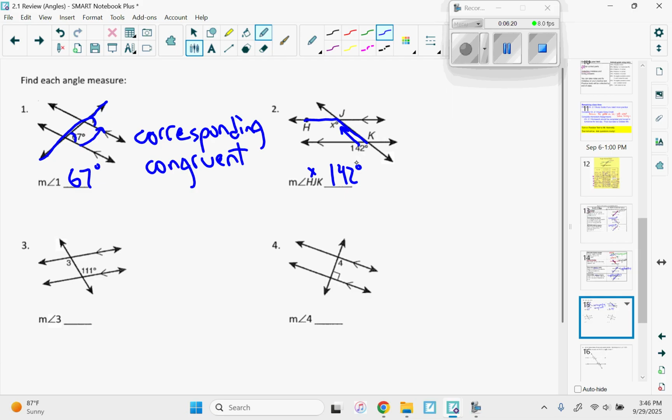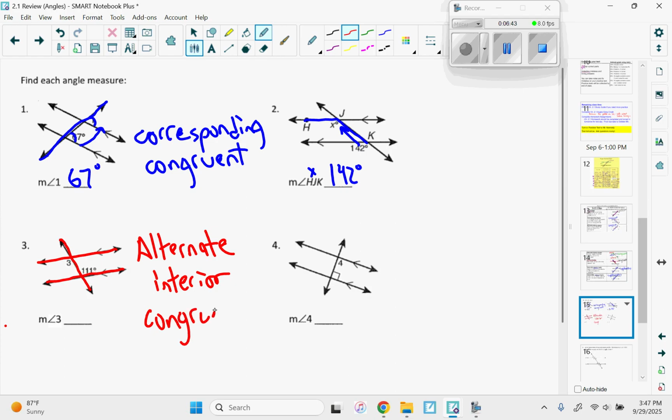Number 3, you'll notice, are on opposite sides of the transversal. When they're on opposite sides of the transversal and they are inside the parallel lines, we call that alternate interior angles. And alternate interior angles are congruent or the same. So angle 3 has to be the same as 111 degrees.